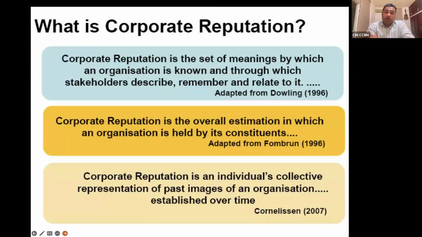Reputation that you build over the years, hundreds of years, can be lost overnight, can be lost in one small mistake or error. So corporate reputation, brand reputation, is a set of meanings by which an organization is known, and stakeholders will remember the brand that way. Reputation is the overall estimation in which an organization is held by its customers. Corporate reputation is an individual's collective representation, all the messages.